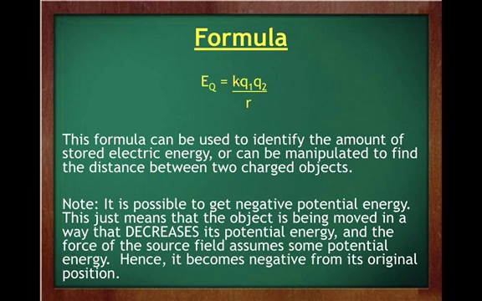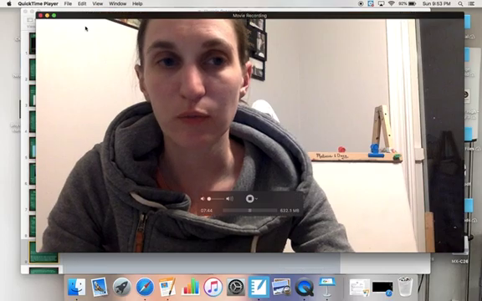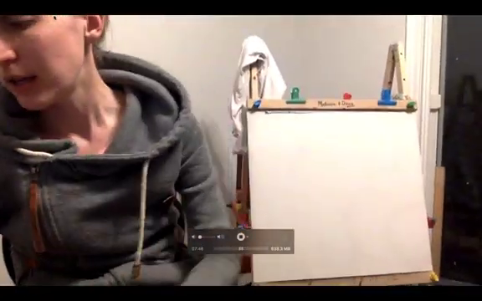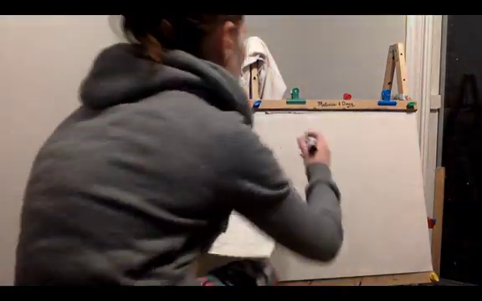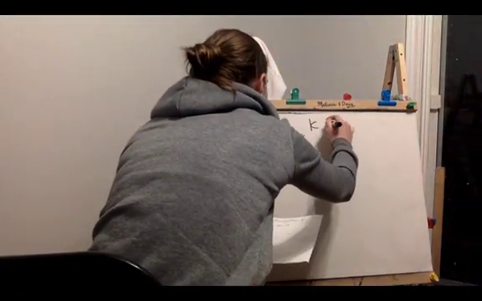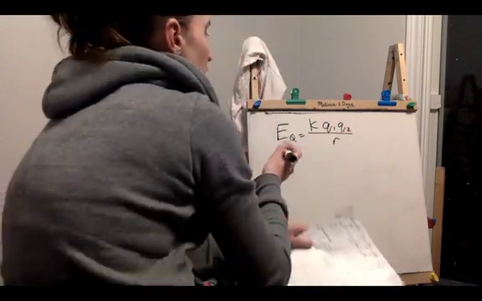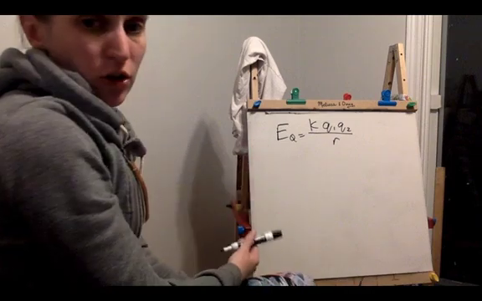Checking that in terms of unit analysis, you'll see why. I'll switch to the board to show you. If we look at this new formula, EQ equals k q1 q2 divided by r, this is energy, so we expect it to be in joules.